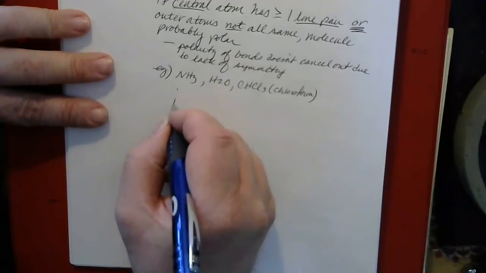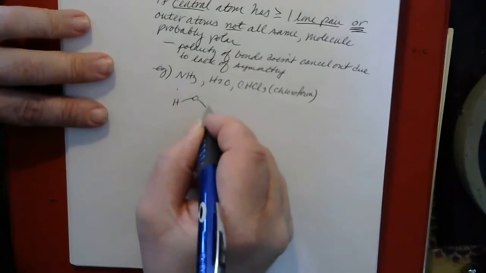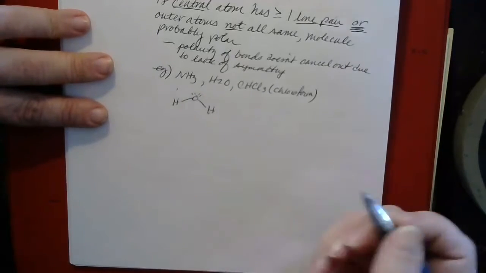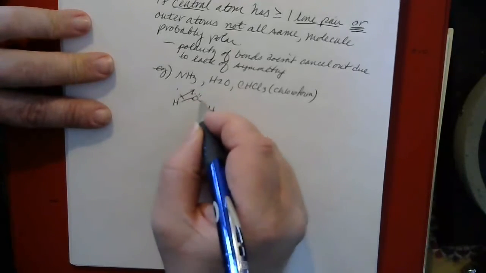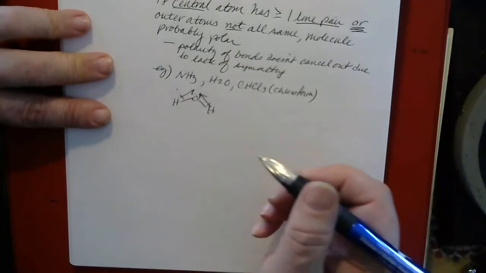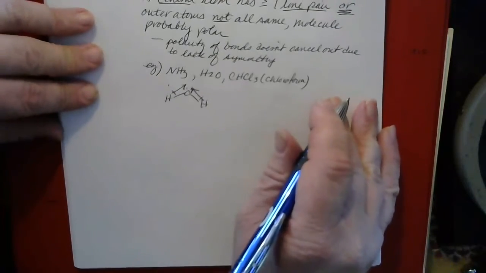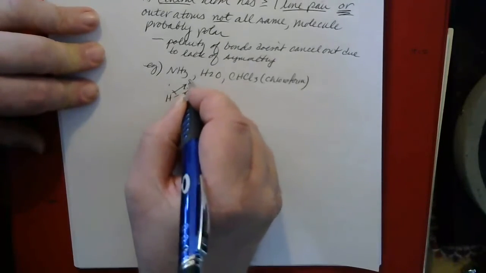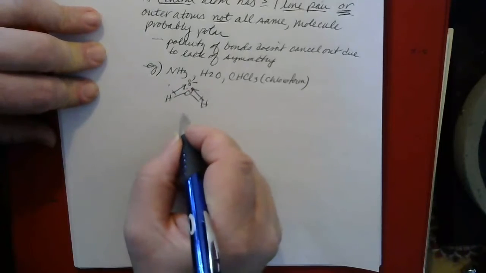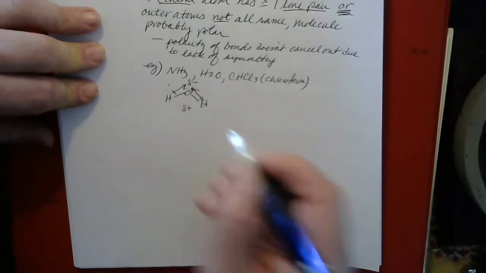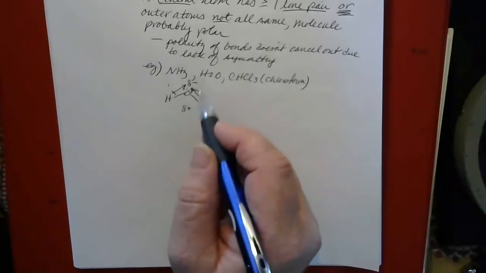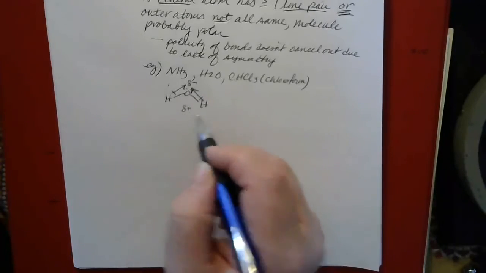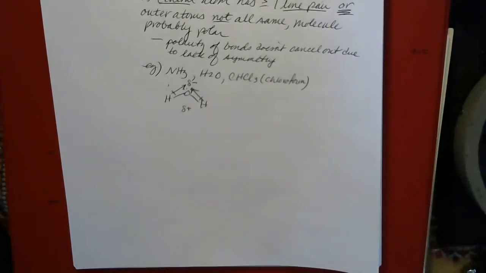For instance, we saw with the VSEPR theory for water, the molecule is bent, and the oxygen pulls electrons in from the hydrogens at the same time and more or less in the same direction. So you end up with one end of the molecule with a partial negative charge and the other end with a partial positive charge. You've got separation between the center of the negative charge and the center of the positive charge, and that makes this molecule polar.